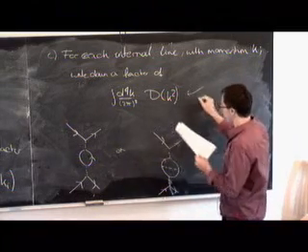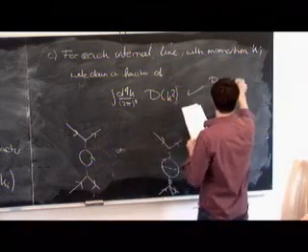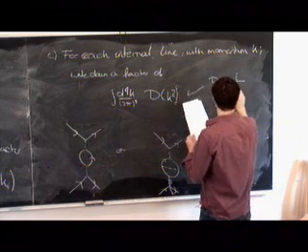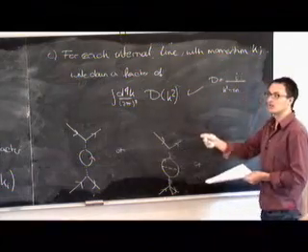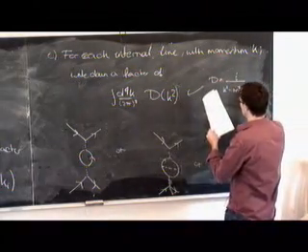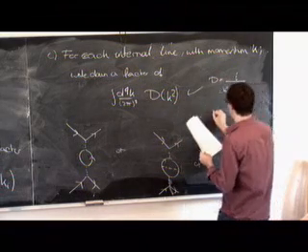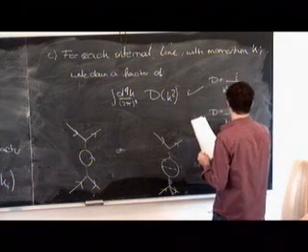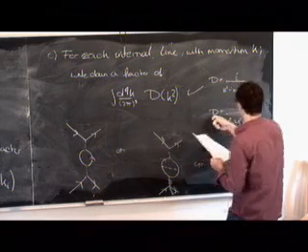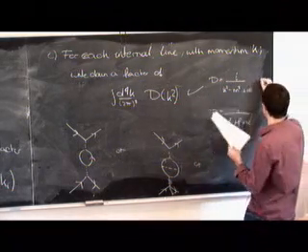What do I mean by this? All these propagators were written as integrals over d4x anyway, so we just strip off that d4x. So this is the Fourier transform of the Feynman propagator.